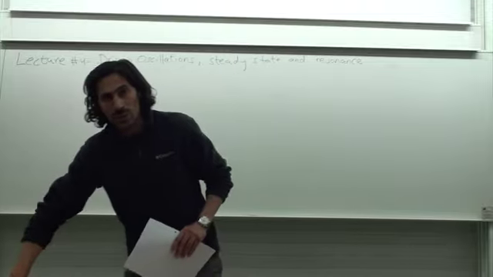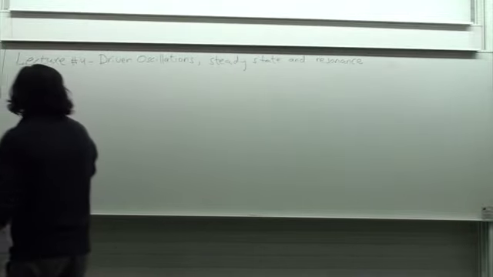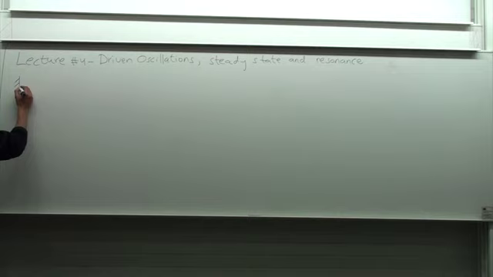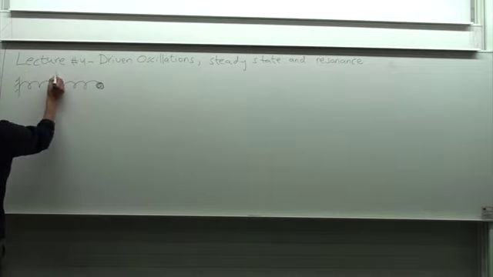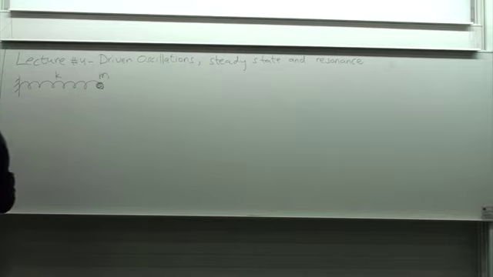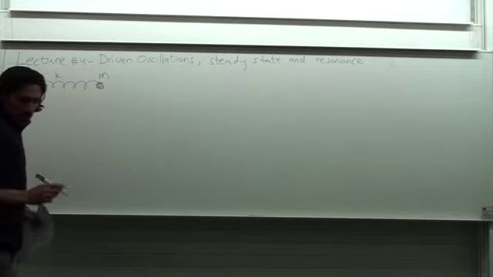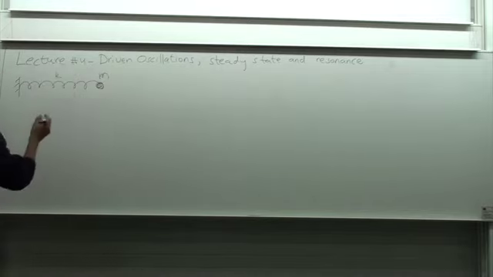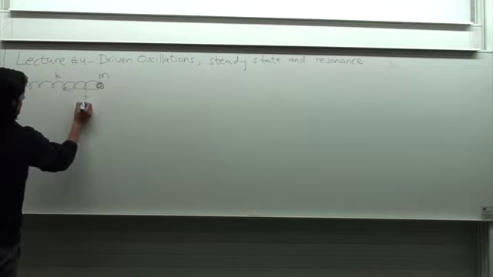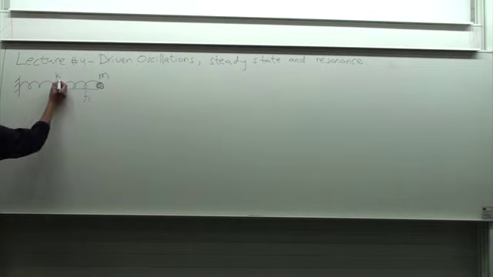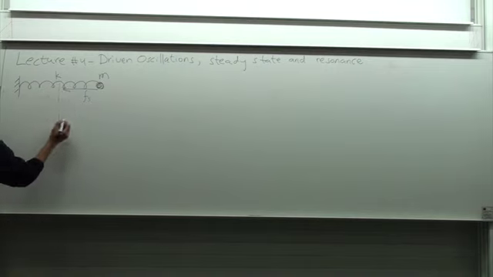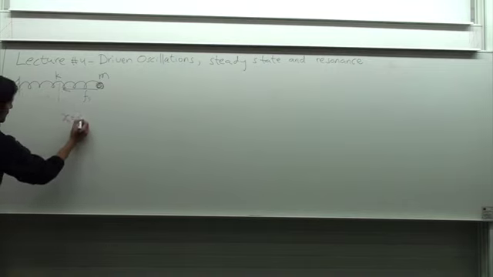We start with a spring. So we have a spring with a constant K and mass M. There's a spring force. This is the relaxed length of the spring.